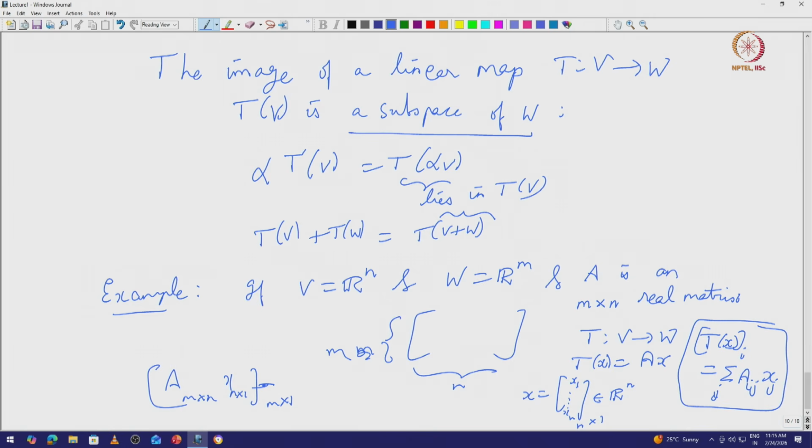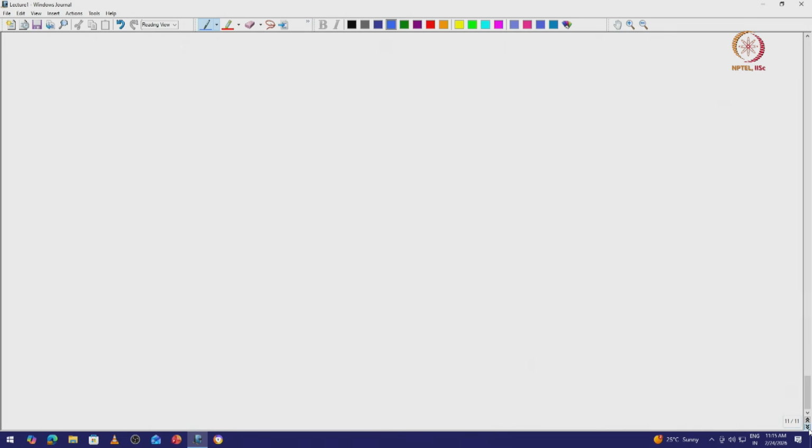More concretely, I can have a map from R^2 to R^2 taking (x, y) to, let's say, 2x plus 3y and 5x plus, let's say, 10y or something. And this is obtained by using this prescription. This is one example, and we'll end by giving one more example.